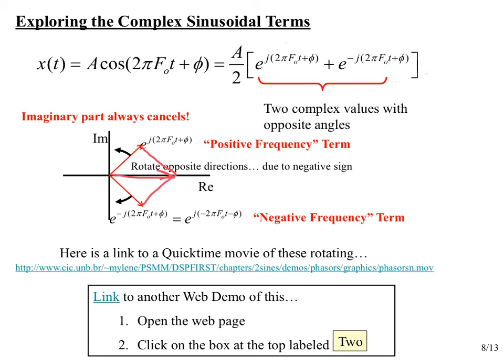So at every instant of time, because of the negative relationship between the angles of these two components, the imaginary part always cancels and gives us back something that is real valued, as is necessary. I would encourage you to go to these web links. Hopefully they're still active. If they're not, please let me know. You should be able to explore and see some illustrations of these kinds of ideas.